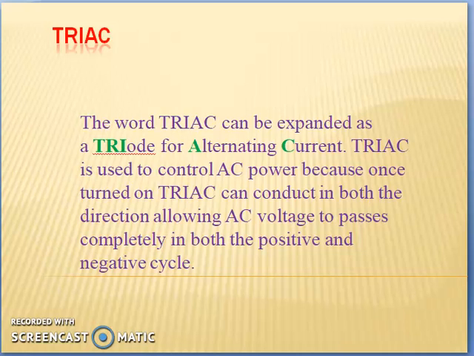Triac is used to control AC power because once the triac is turned on, it can conduct in both directions and it will allow the AC voltage to pass completely in both the positive and negative half cycles.